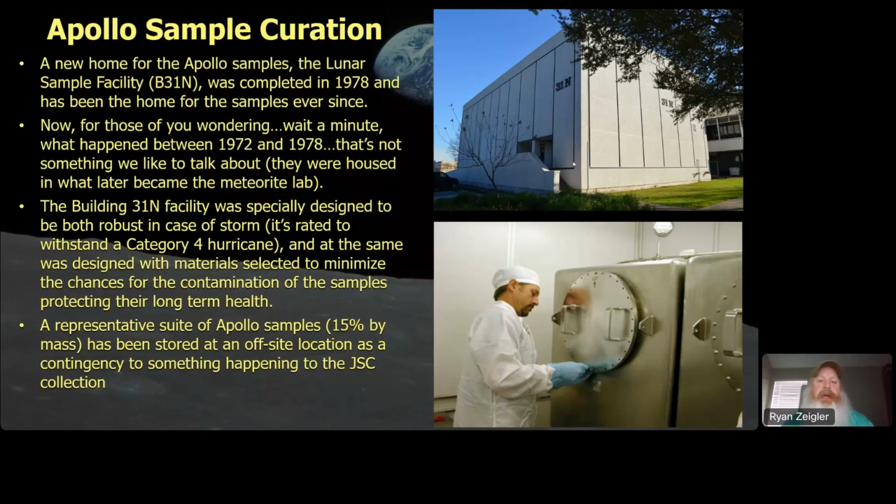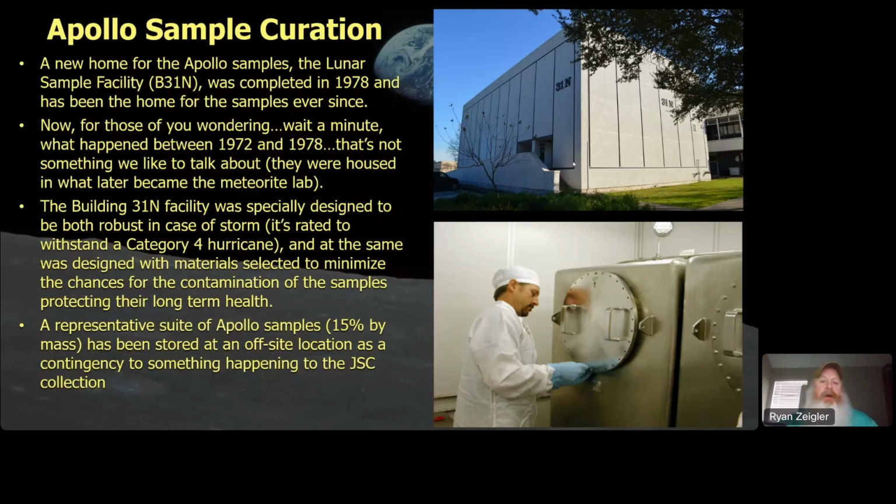It was actually designed by a panel of scientists to be minimally contaminating to the samples. And so they were very thoughtful in their collection of materials that they decided to incorporate into the building. And that's where the samples have been stored ever since.